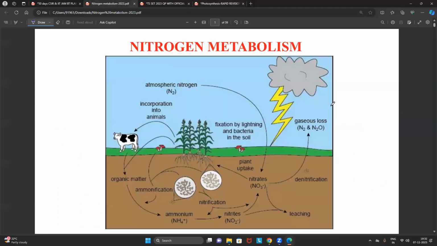Okay, now we will focus on the next very important subtopic, that is what we can call nitrogen metabolism. I don't say whether we will get the question this time or not. But what I'm observing is that in the 2023 paper we got it in the morning shift and afternoon shift also.